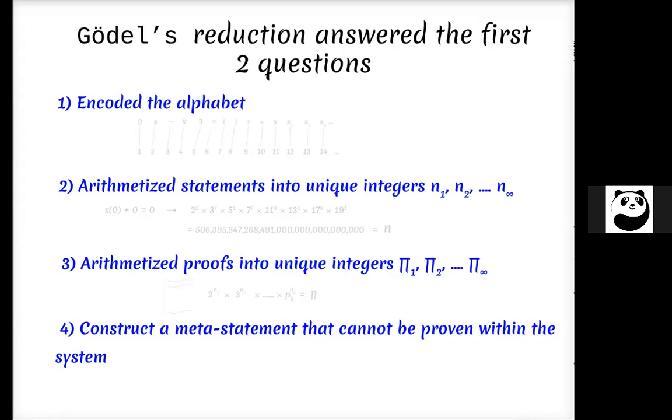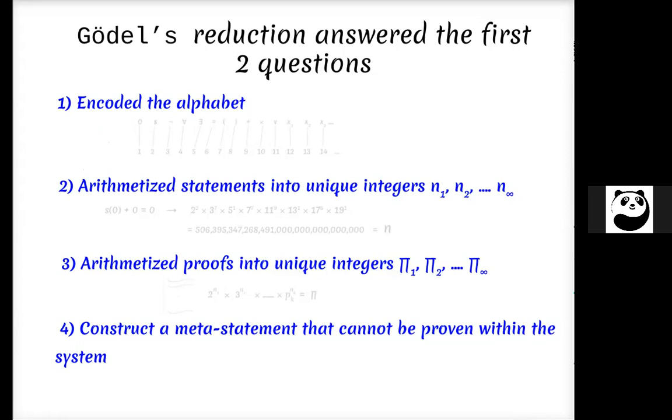If we start with that system, or any other system, the first thing is to abstract away that system. We encoded it using numbers, ID numbers. And remember, the set of the alphabet is finite.